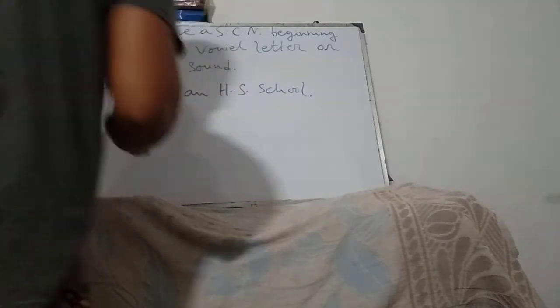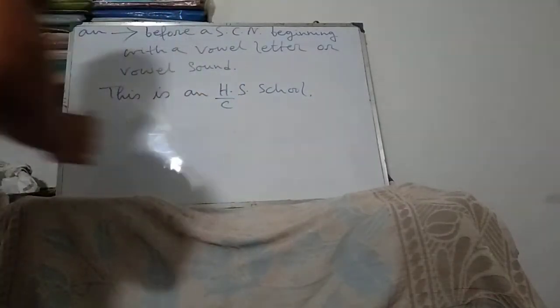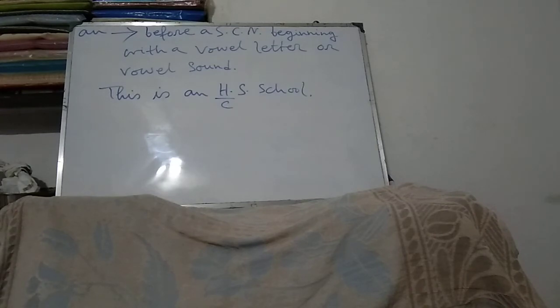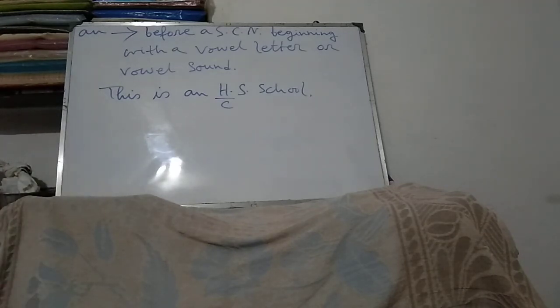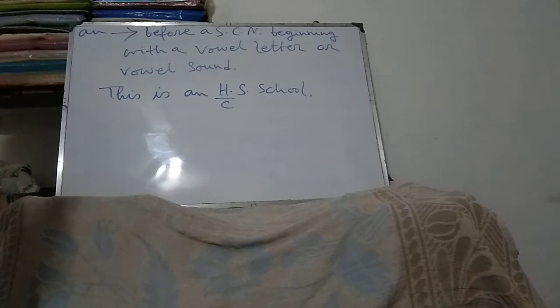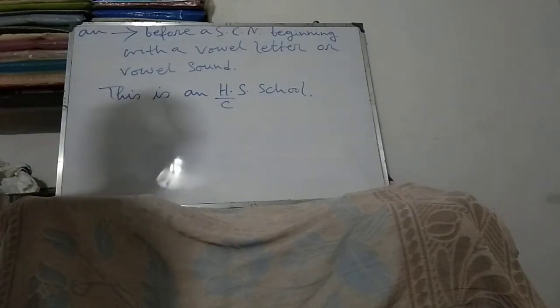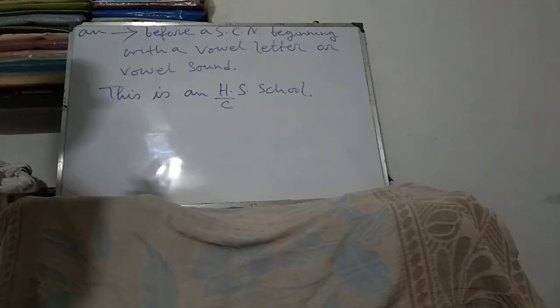Look here, H is a consonant letter, but here I am using an before it, because when I pronounce this letter H, a vowel sound comes before it.